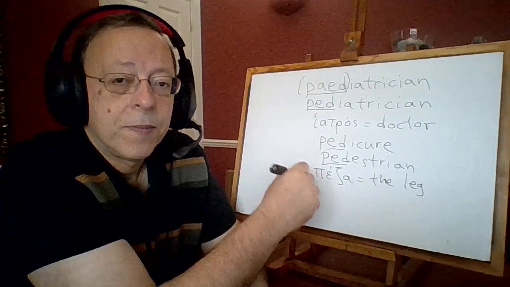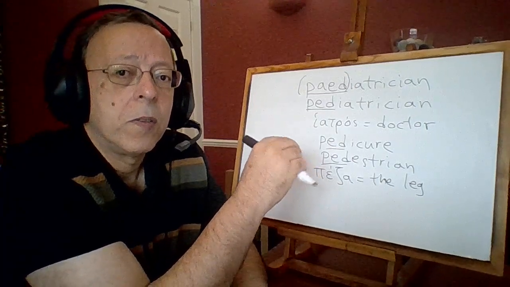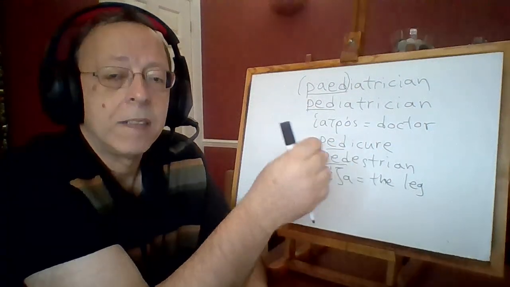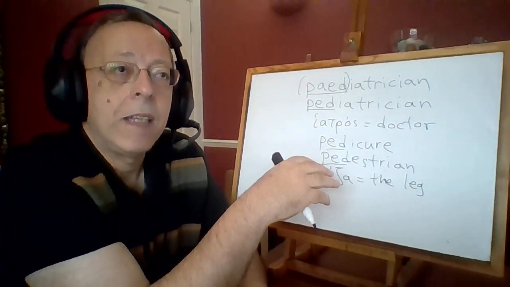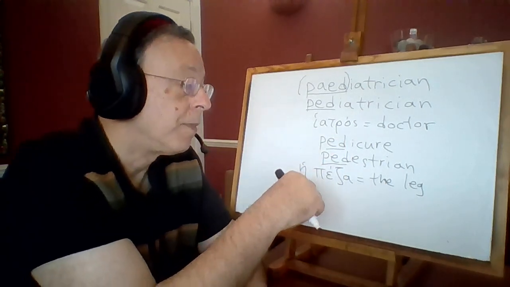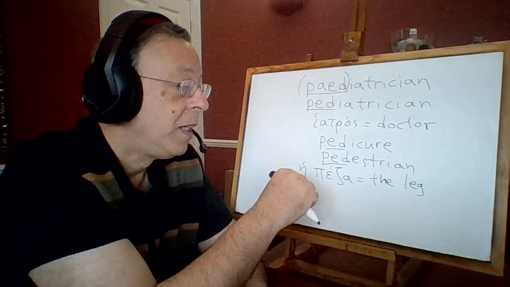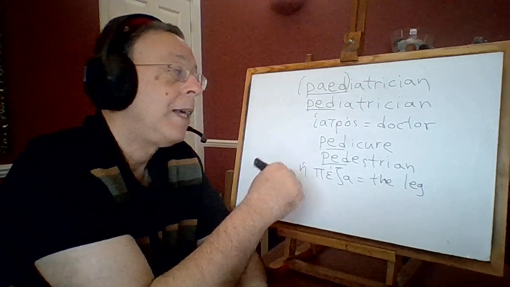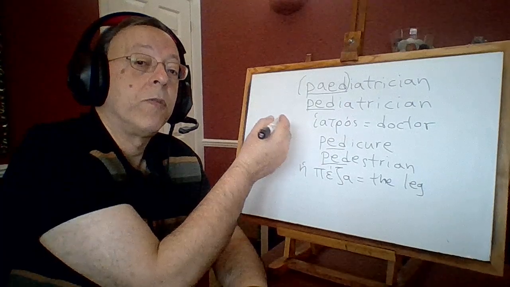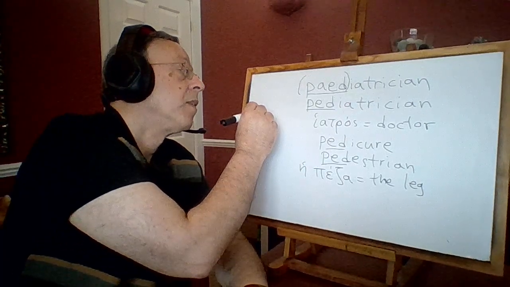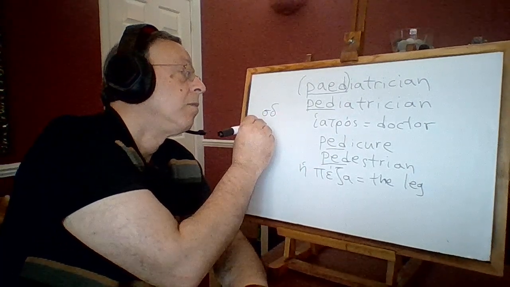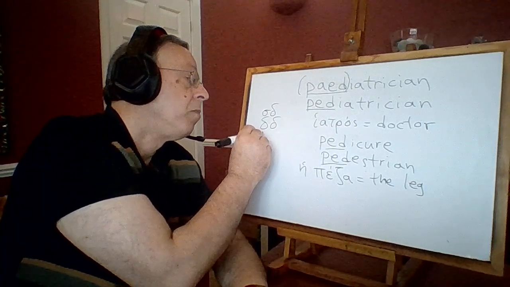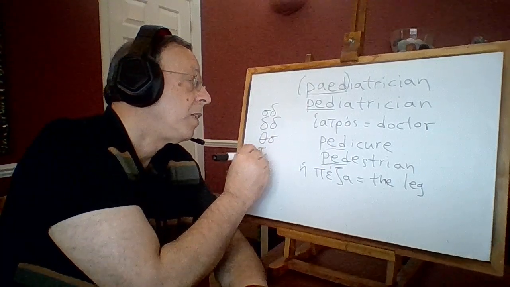That zeta is a consonant which was invented, let's say, later in the history of the Greek language. And it was invented in order to replace combinations of consonants like sigma delta, double delta, theta sigma, tau sigma.